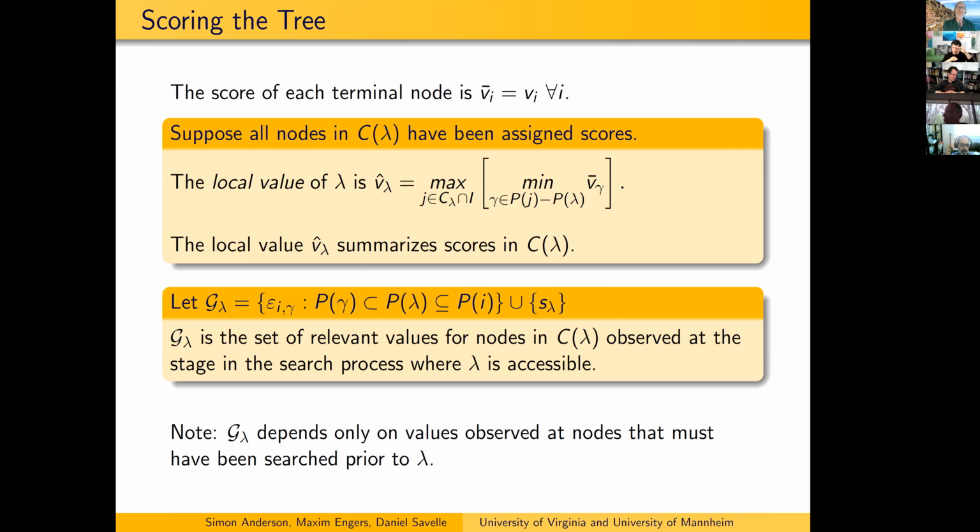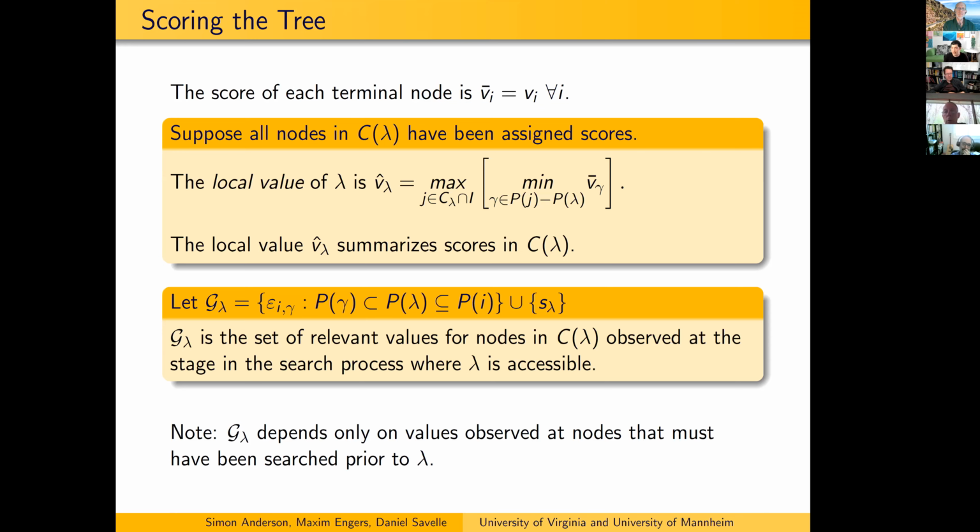For higher up nodes, if all of the nodes in the subtree have already been scored, we're going to define the local value for lambda to be this formula here, which is the max over all downstream options, looking at the minimum of the scores from that option back to the node that we're currently paying attention to. And that does not include the node itself because we haven't defined that score yet.